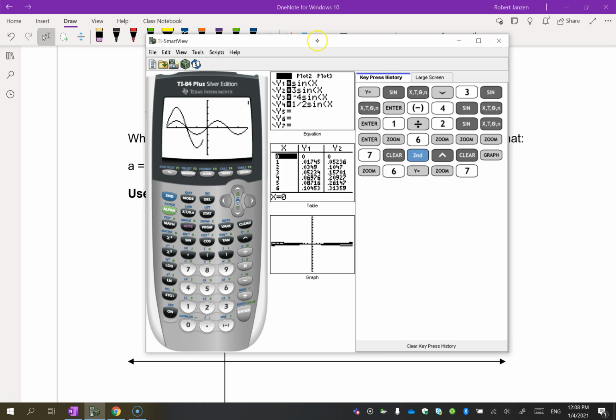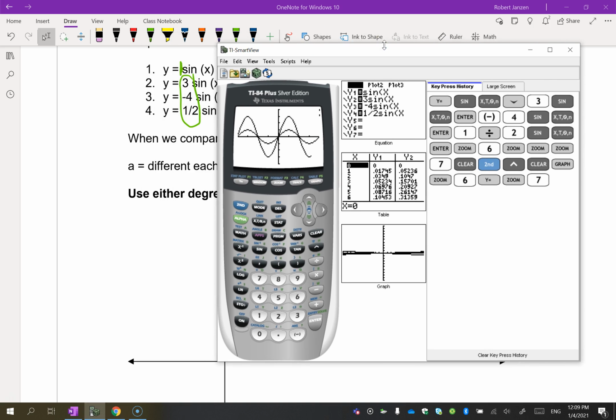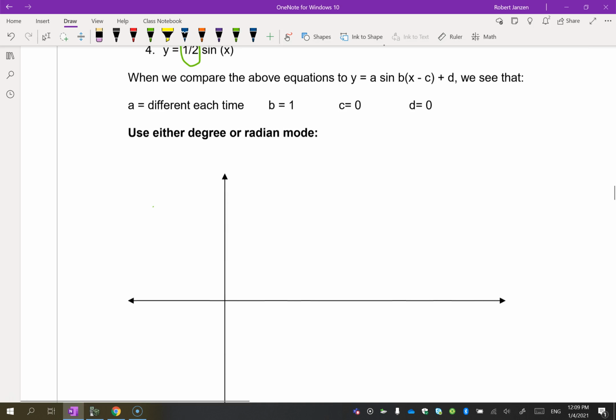Now the second one, how is it different? Instead of having a 1 in front, it has a 3, and then a negative 4, and then a half. How are the graphs different? You can see that the amplitude changes. So we're going to quickly sketch just one period of each one.